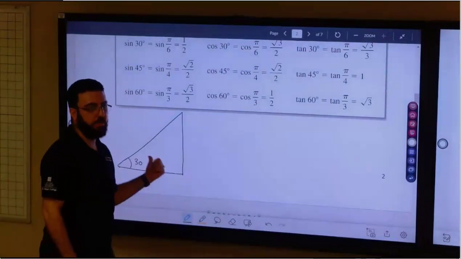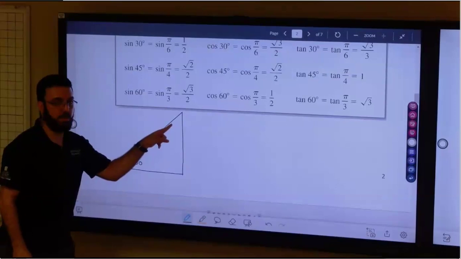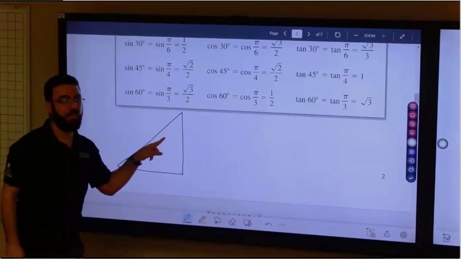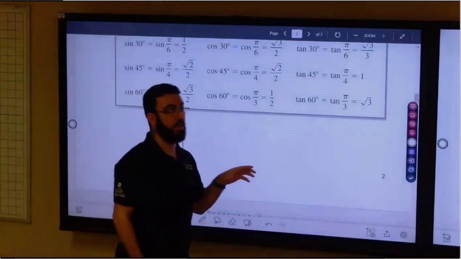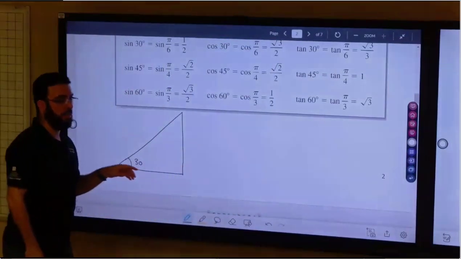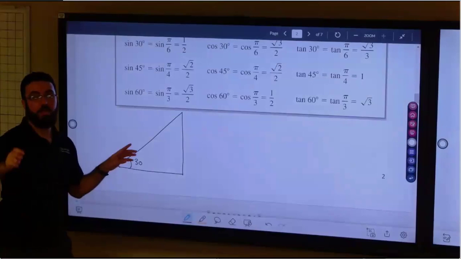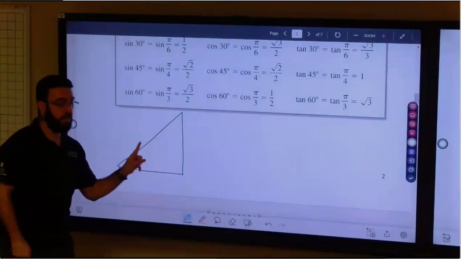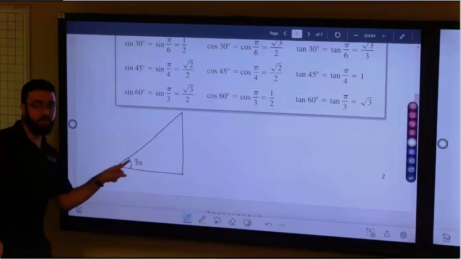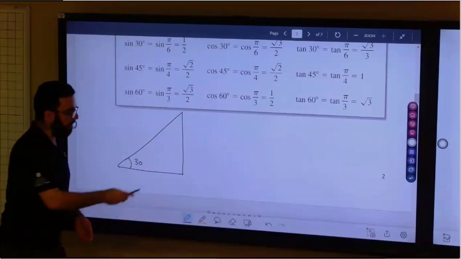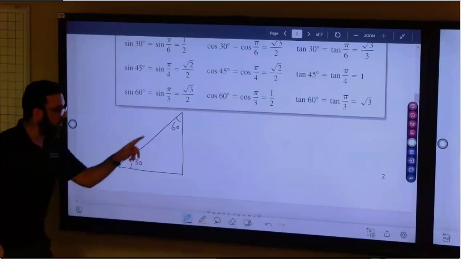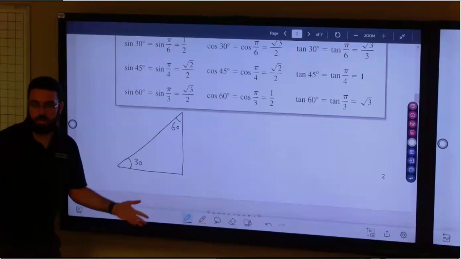So if this angle is theta, how much is this angle? 90. That means, what's the complementary angle for this one? 60. So here is 60, because theta plus 60 is going to be 90.